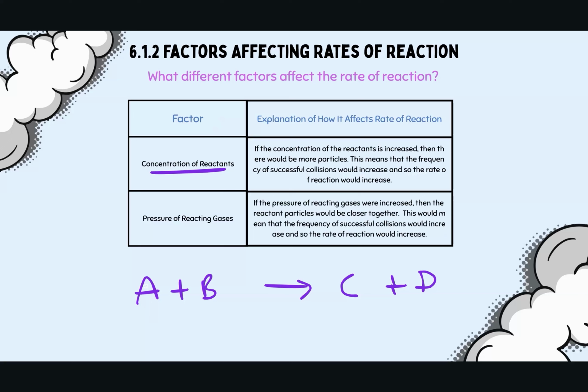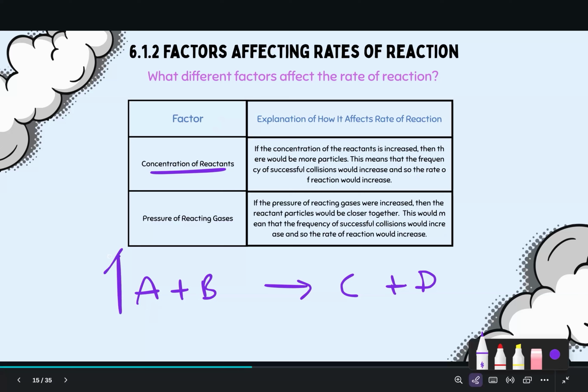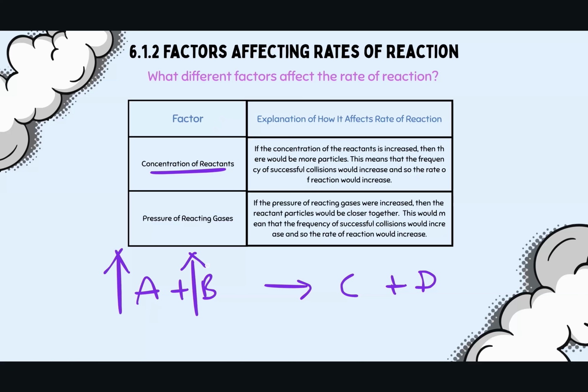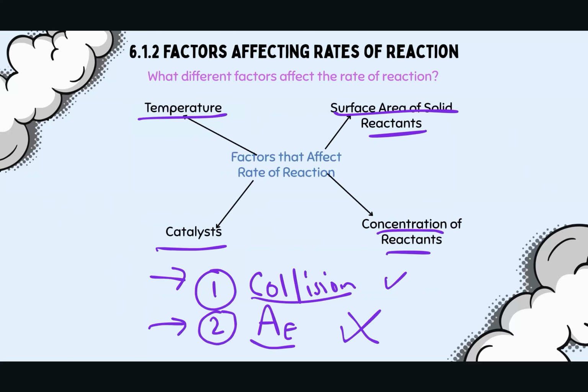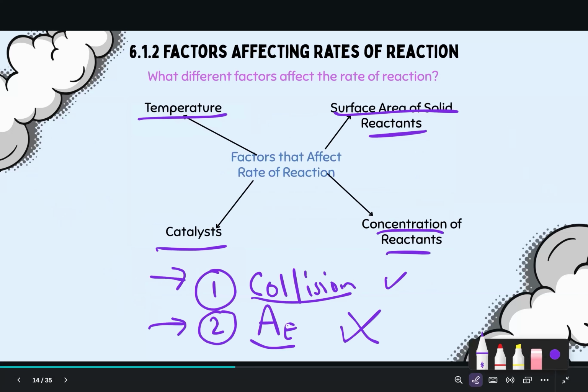So what we're saying here is, if we've got more of A and more of B, we've got more particles. Let's say initially we only had this many particles. If you increase the concentration, you've now got lots more. We said two things have to happen. Which of these two things is more likely to happen?